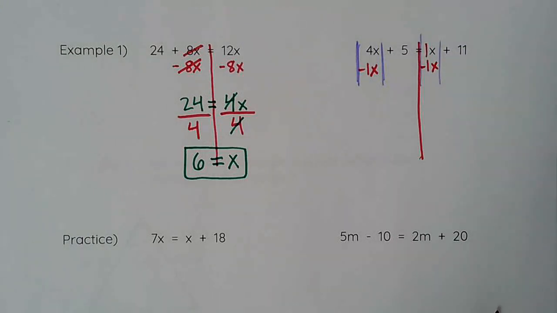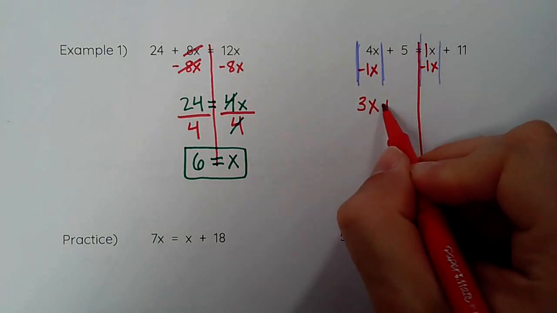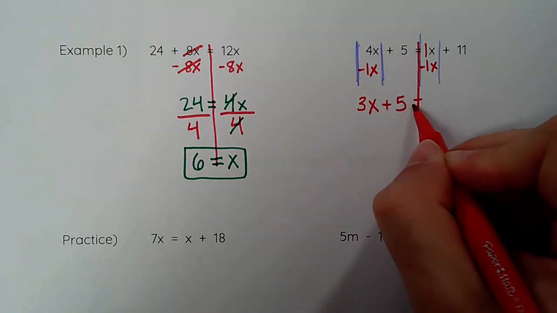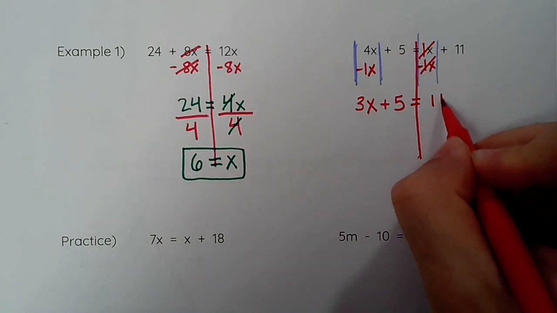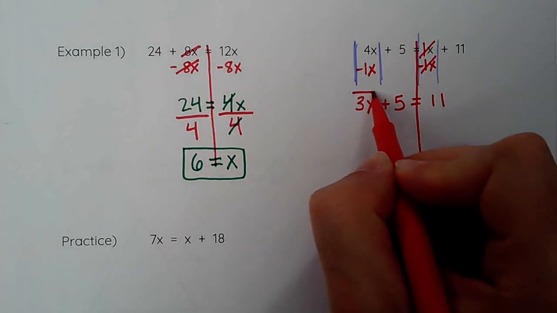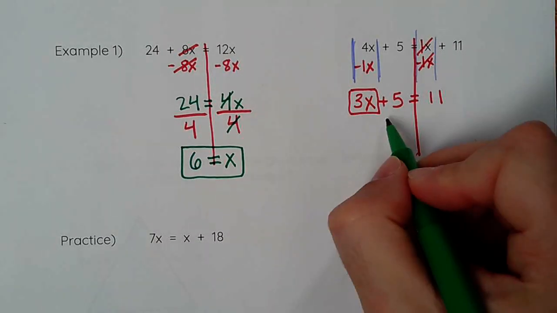So 4x take away 1x is going to be 3x plus 5 is just coming out, equals, now this 1x is gone, leaving me with the 11. All right, two-step equation, so we can go ahead and box. I need to get rid of the plus 5.